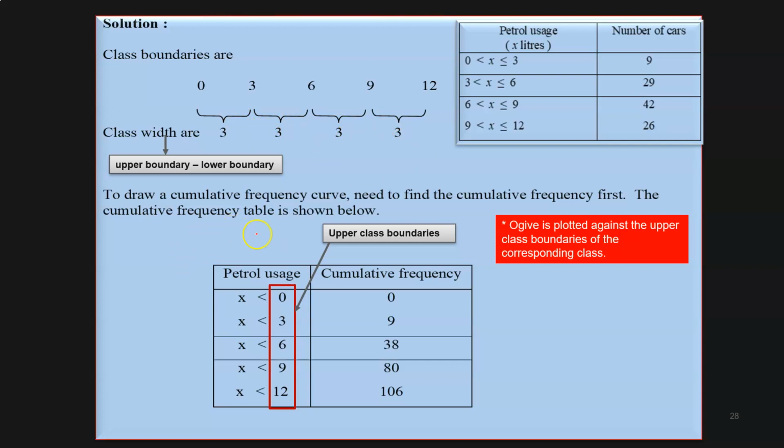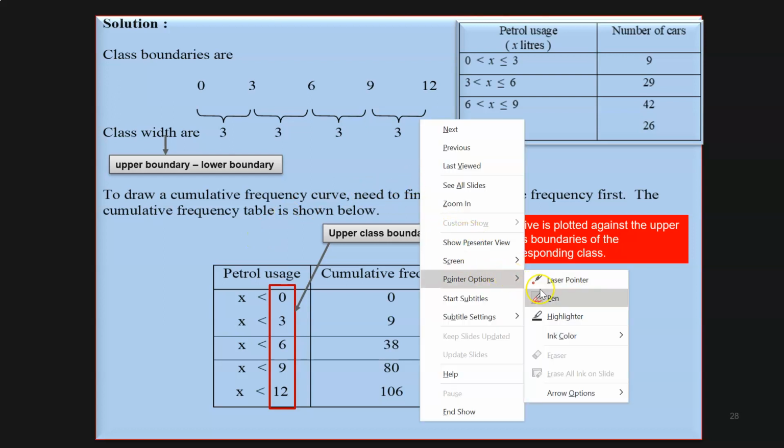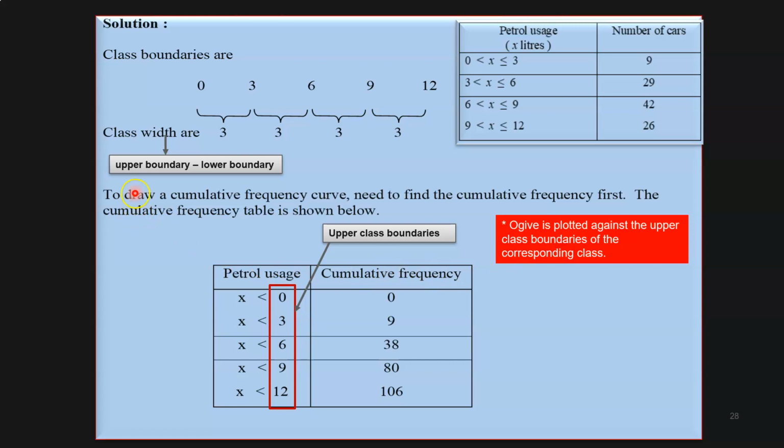So, to draw a cumulative frequency curve, you need to find the cumulative frequency first. Apa tu cumulative frequency? The cumulative frequency table is shown below. Okay, cumulative frequency. So, kita buat based on class boundaries lah. Kita tambah satu kelas atas dekat sini.